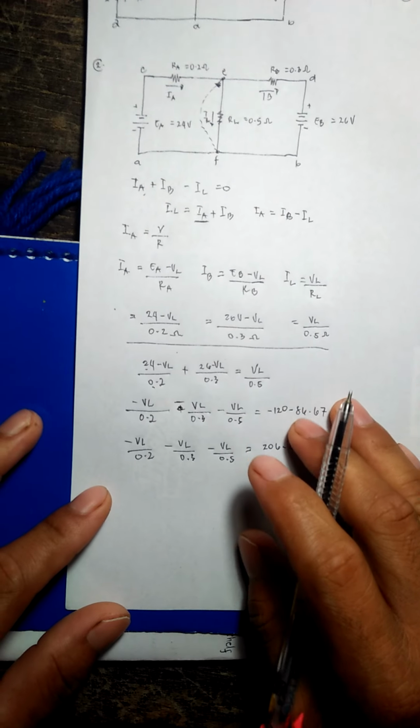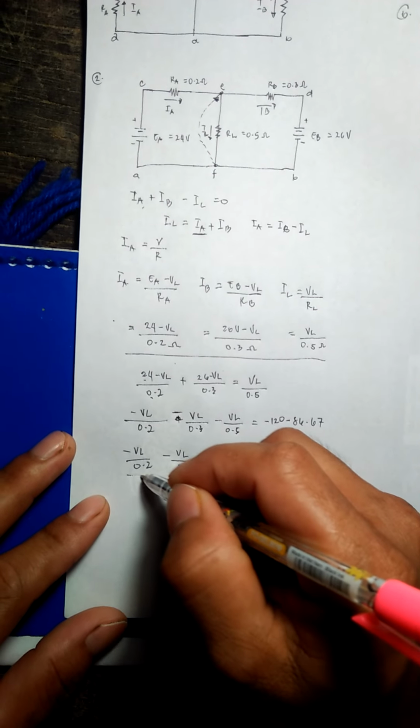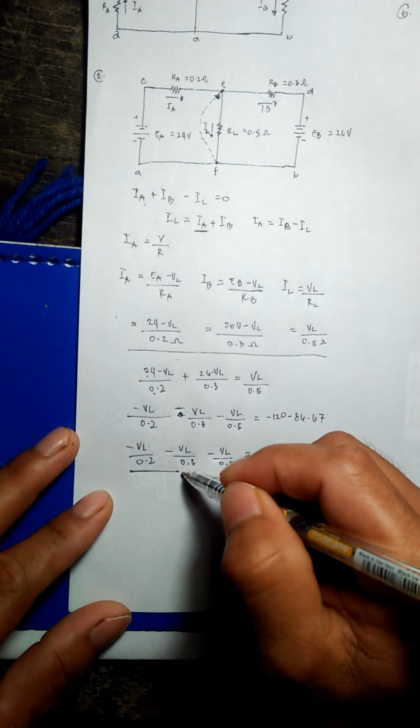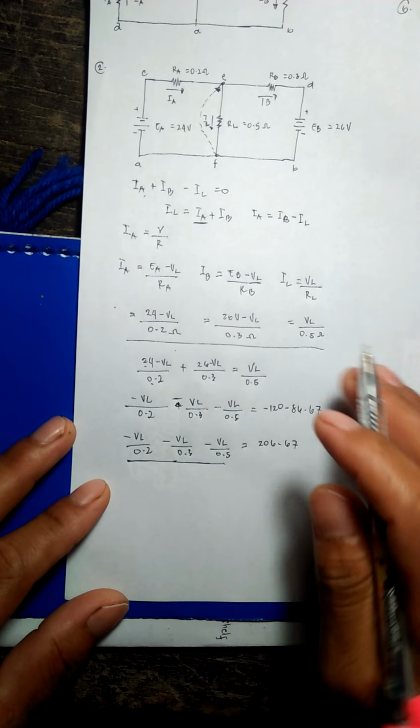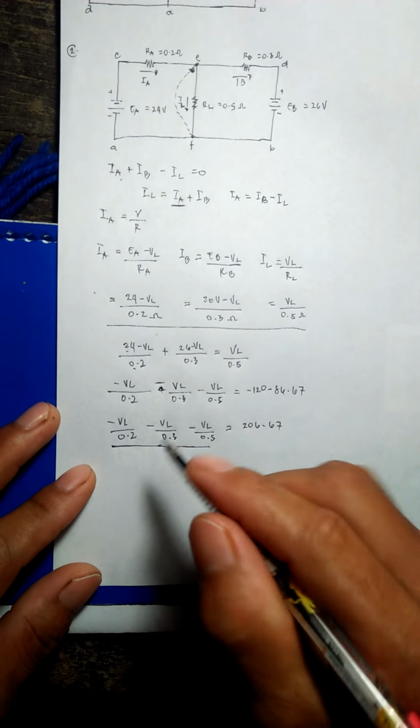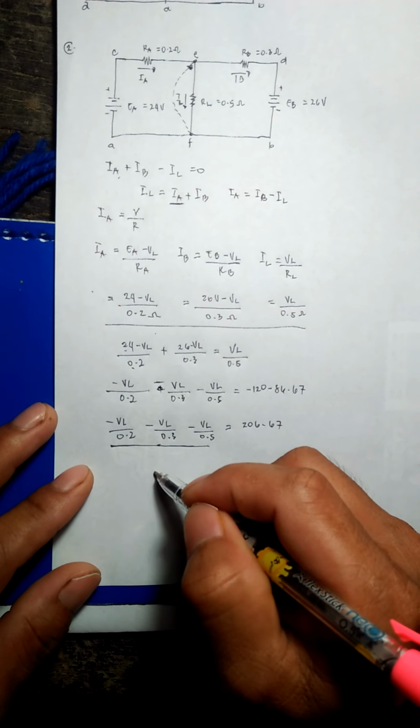This time we get the common denominator of these terms, since we will be subtracting them. The common denominator is 0.3.